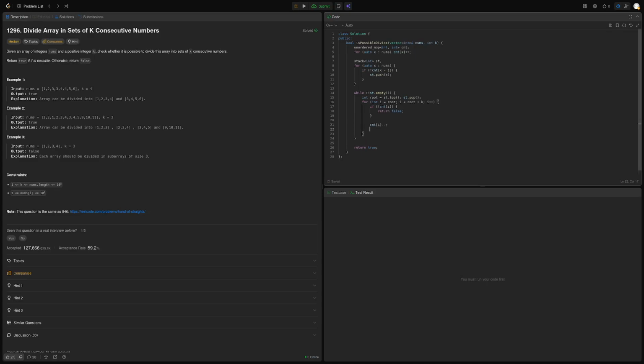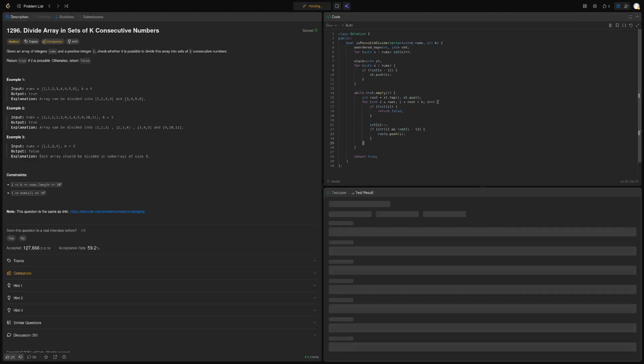We removed it. And now we want to check this: if count of i and not count of i minus 1, roots push i. And I think that's it.